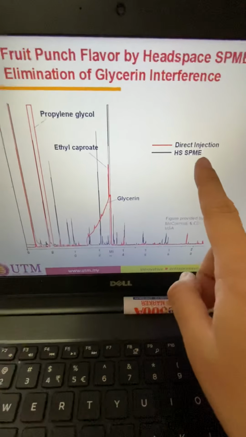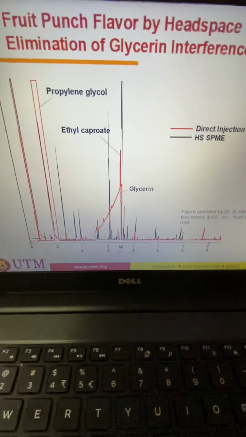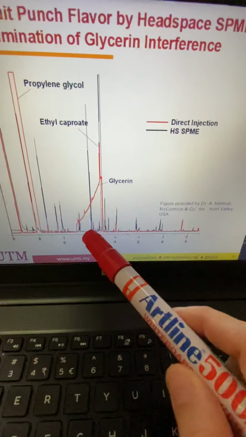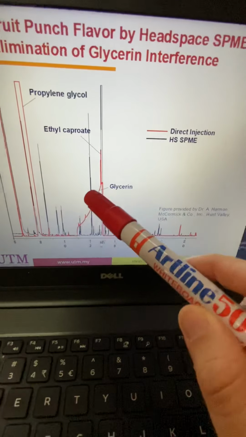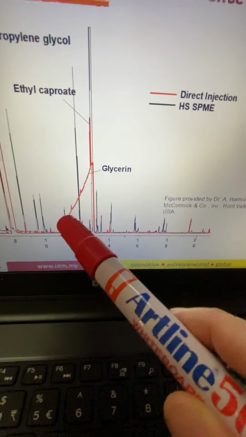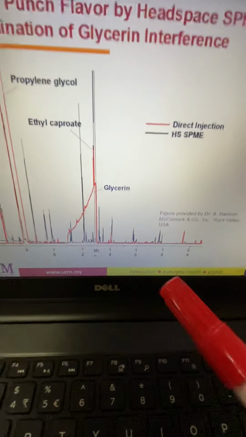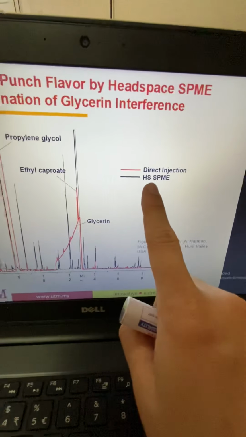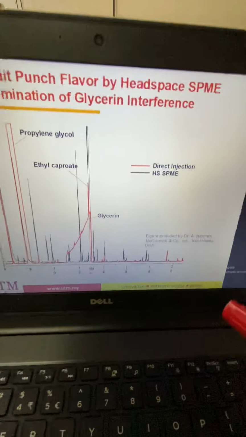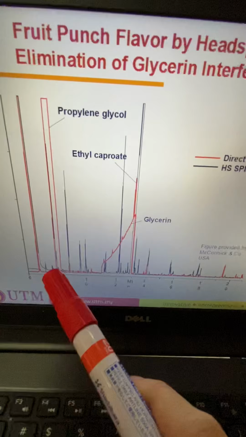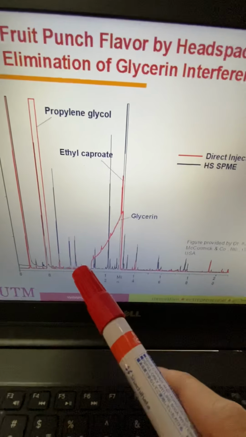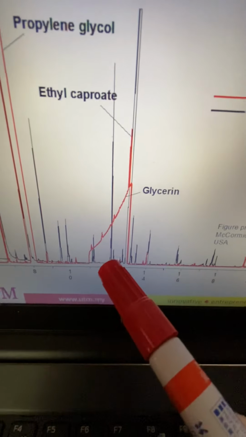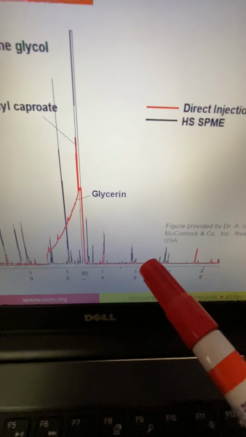Okay, if you direct inject it, see over here, we can see that the peak is really wide, which we don't want in a chromatogram, right? But after you extract with headspace SPME, headspace, not direct immersion, you can get very good peaks, and more peaks actually: 1, 2, 3, 4, 5, 6, 7, 8.